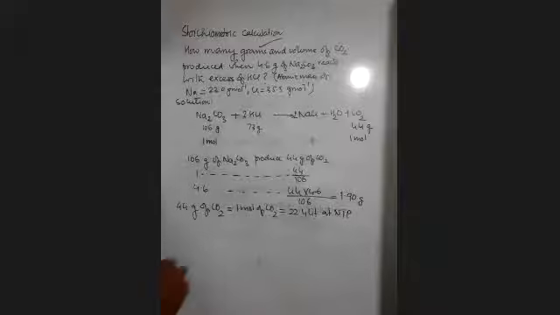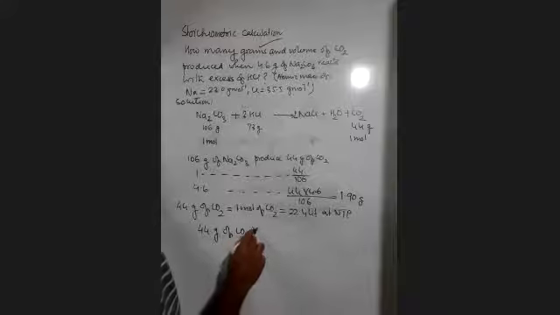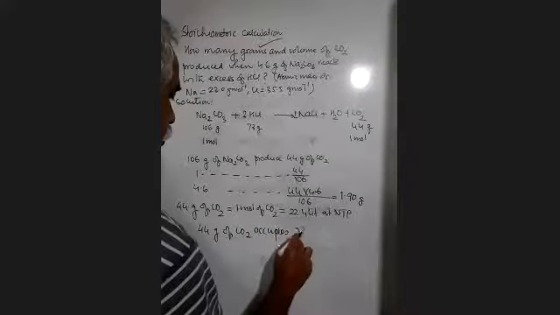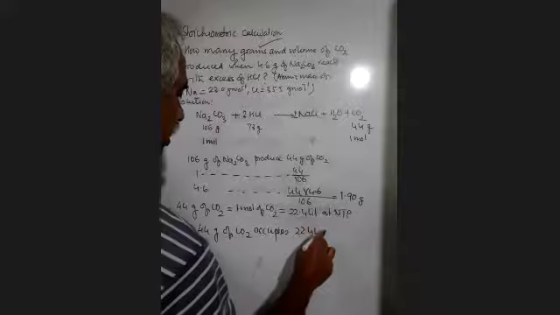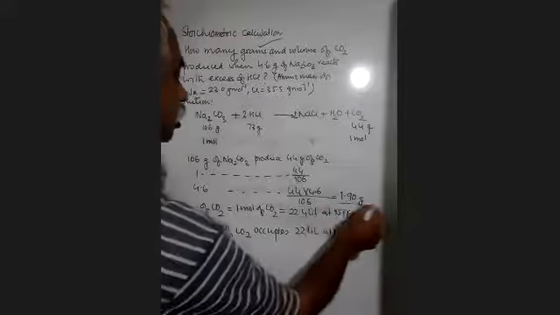So what you write now? 44 gram of carbon dioxide occupies 22.4 liter at NTP. So similarly, find out this will occupy how much?